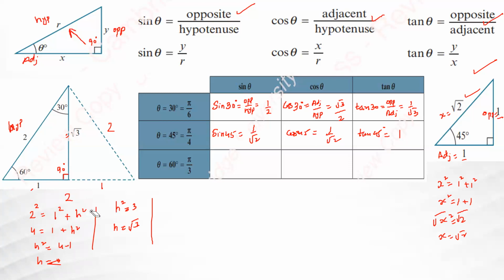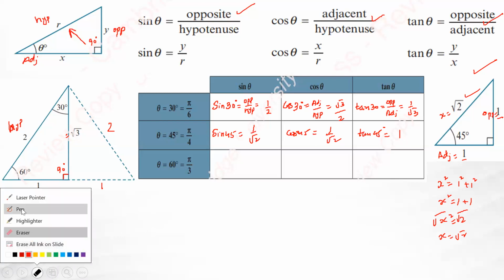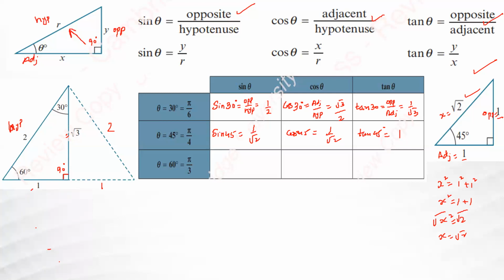Here, if we consider 60 as an angle, this side is adjacent, this is opposite, and the hypotenuse is the same, opposite to the 90 degree.